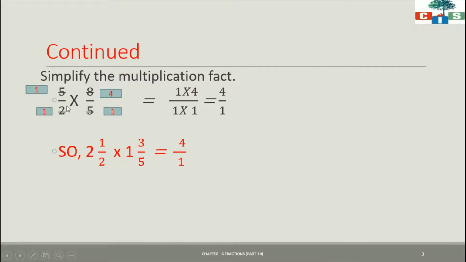When I divide 2 with 2, I get quotient 1, and when I divide 8 with 2, I get quotient 4. So I will cut this 8 and write the quotient 4.